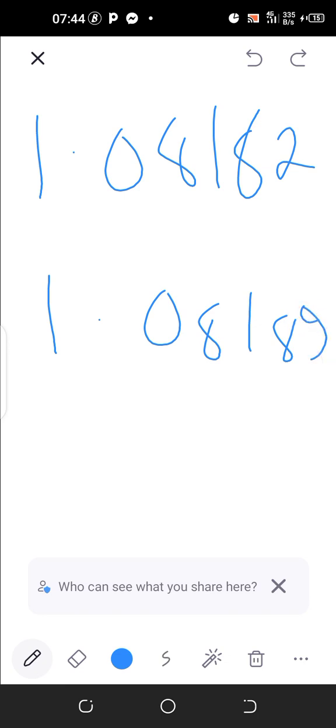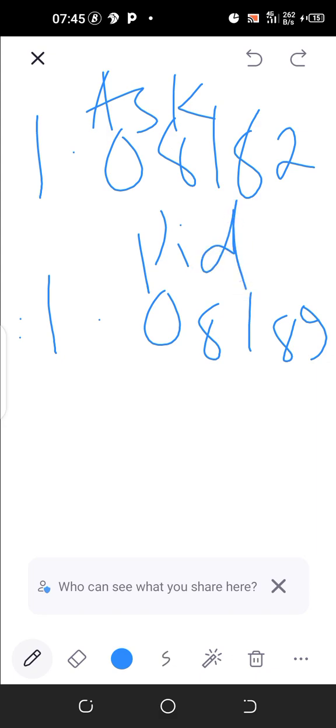So this is your bid price, and this is your ask price. So you're not going to do the subtraction to know the PIP.